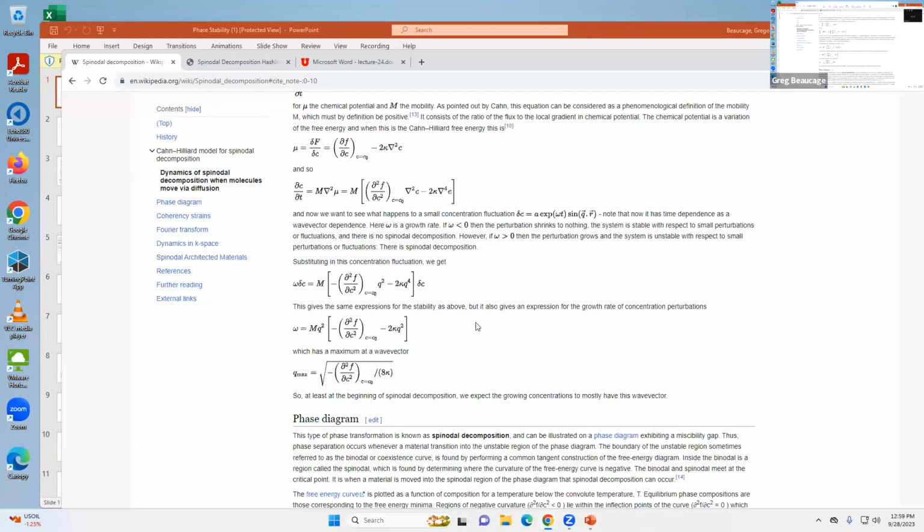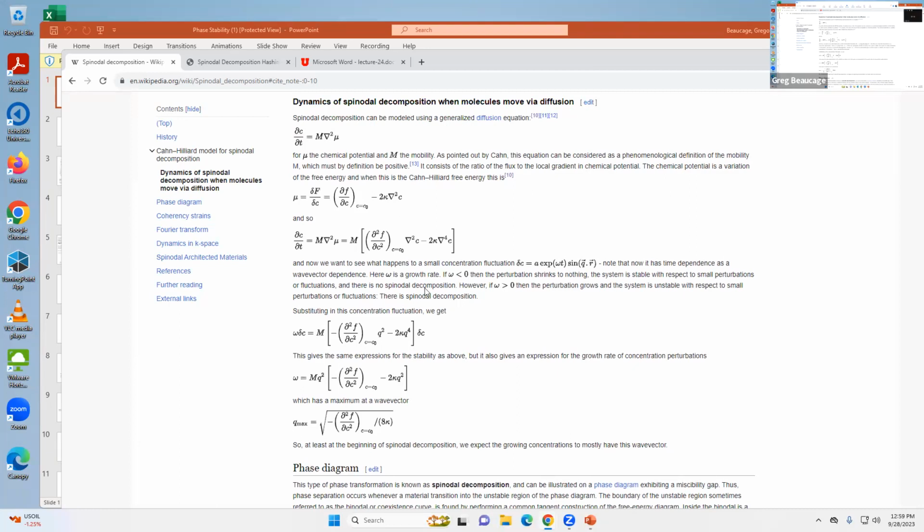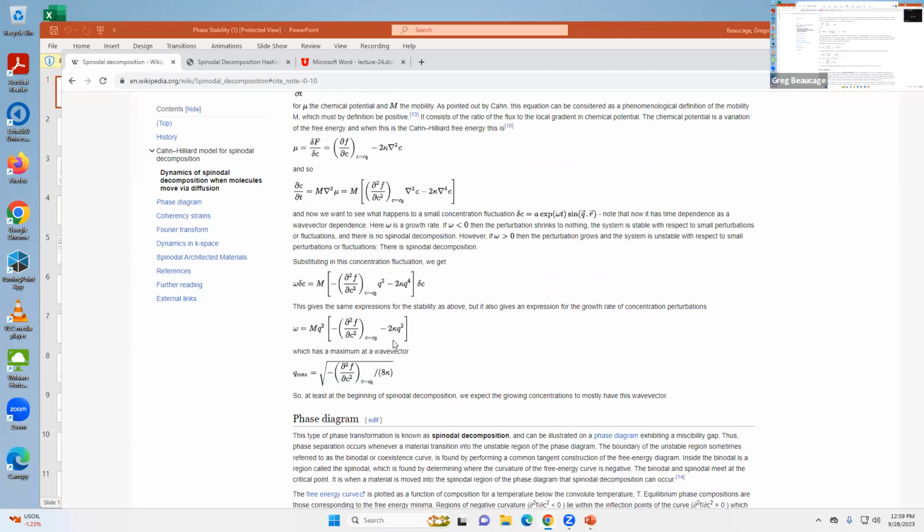You plug in this equation, so you use that as your parent equation. You plug in a concentration fluctuation like what we had, sine Q dot R with an A in front, but you include a time term, right? And this omega is the rate of phase separation.